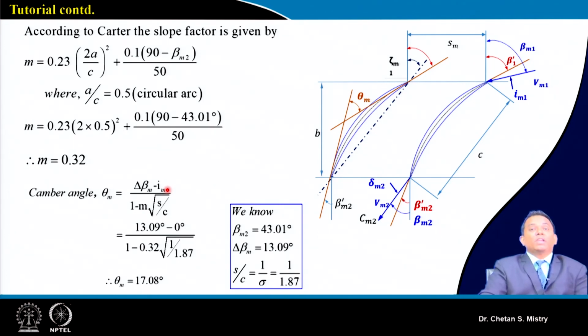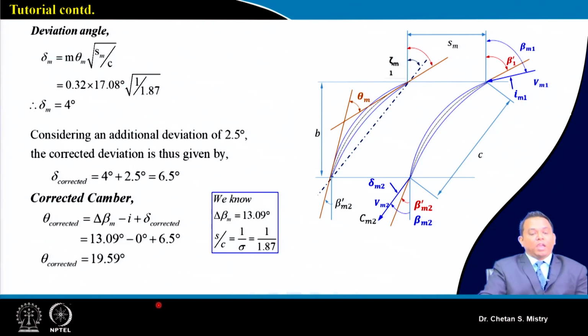We will assume our incidence angle at the hub to be positive 2, and at the tip to be negative 2. At the mid station, we consider that to be 0, and that gives me my camber angle to be 17.08 degree. We can calculate the deviation angle based on Carter's correlation, and that is coming to be 4 degree.